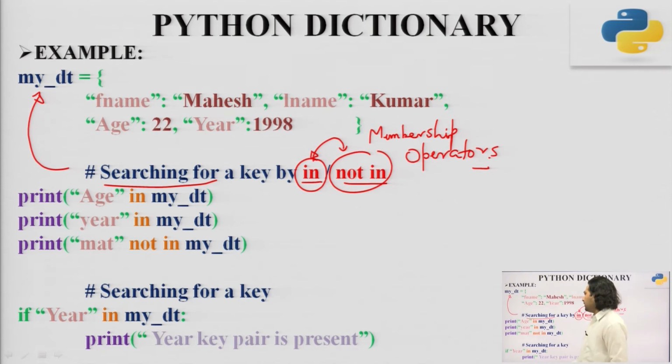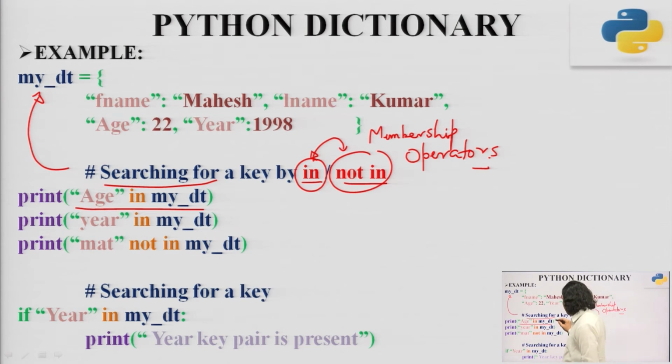as myDT. So, the statement related is like this: age in myDT. Here it means that we are looking for age as a key in myDT, whether this age as a key is available in myDT or not.